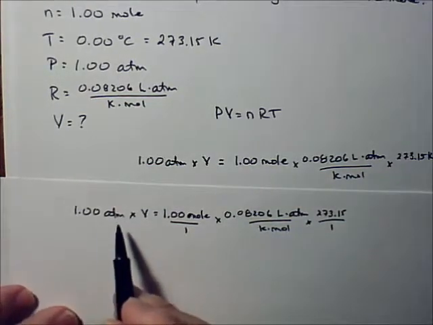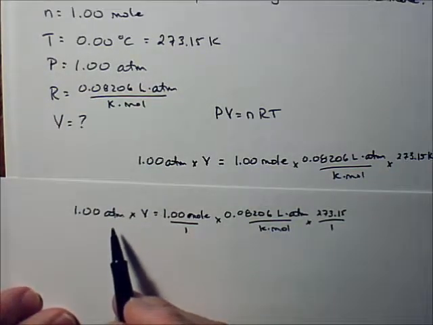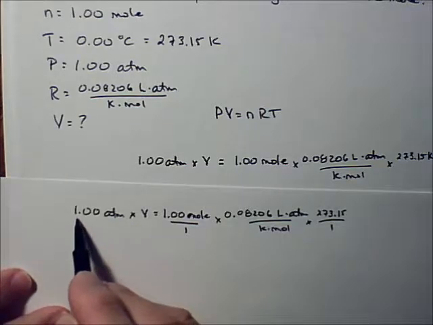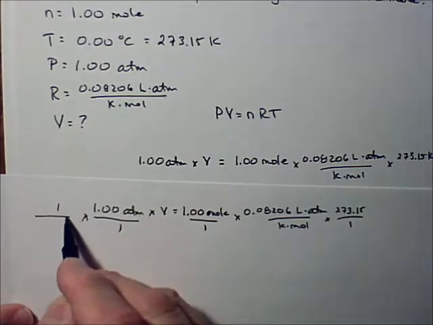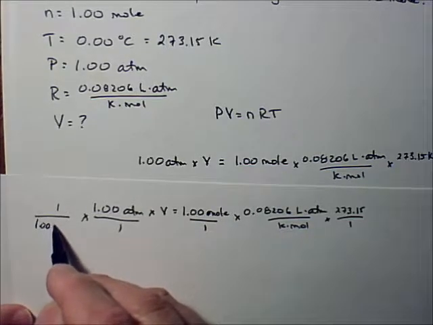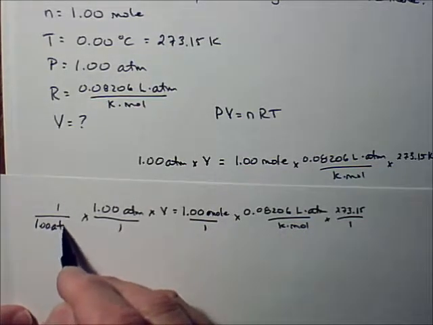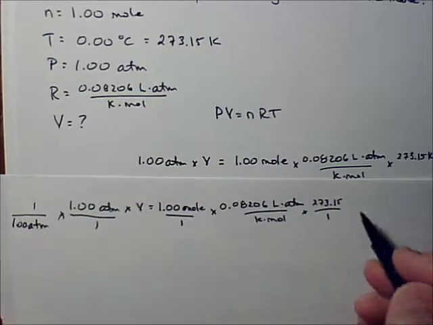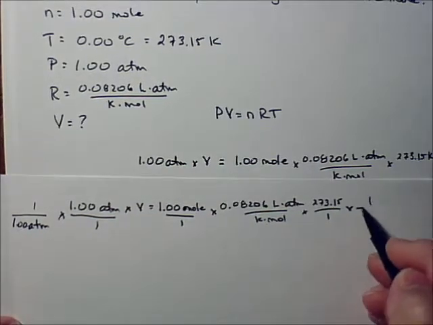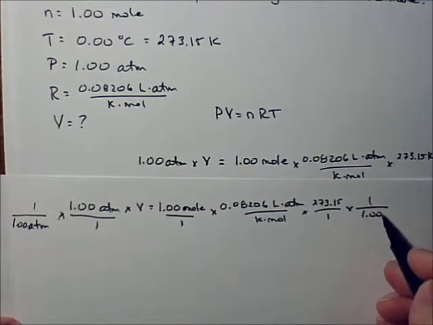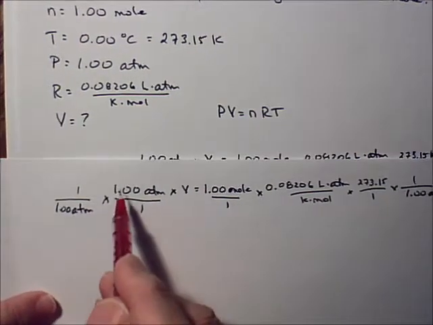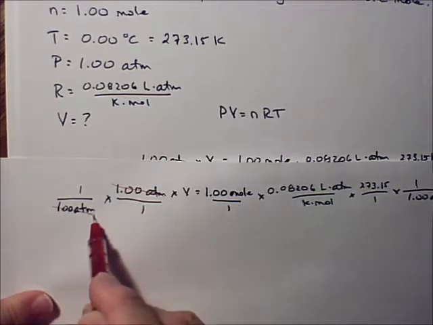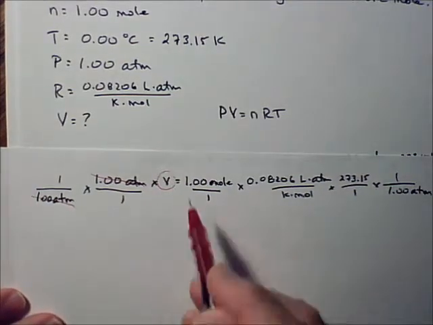I want to get rid of atmospheres. To get rid of atmospheres on this side, I need to multiply by the reciprocal of this, and if I do it to this side, I have to do it to the other side. That gets rid of all of this over here and leaves me with volume, which is what I'm trying to find.